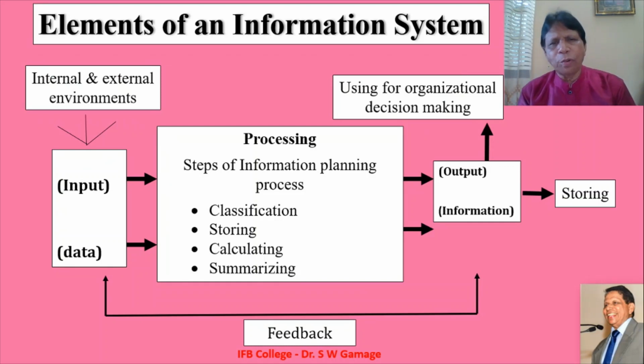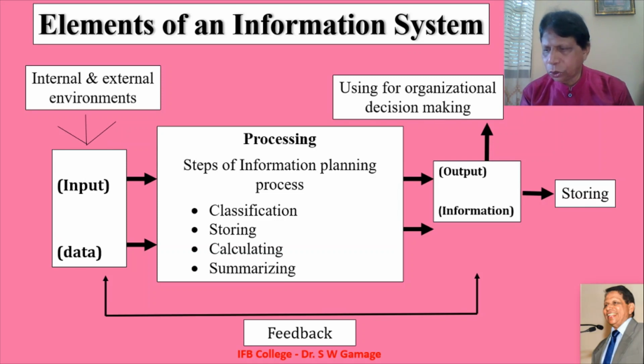Now, to have an information system, normally this information system starts like this. From the internal and external environment, we gather the inputs, that means data. Then secondly, we do the processing and we get the output as information, information to use in the future.